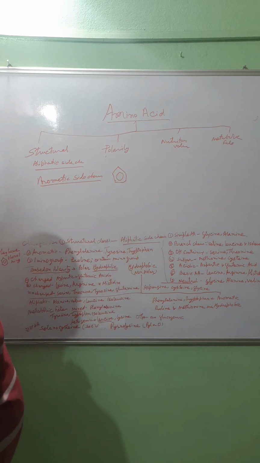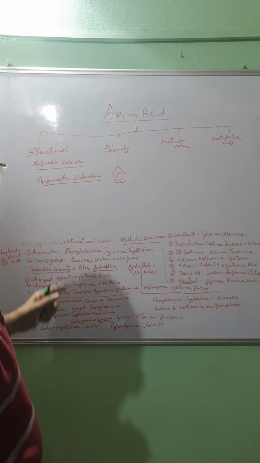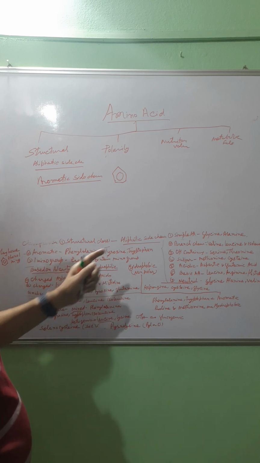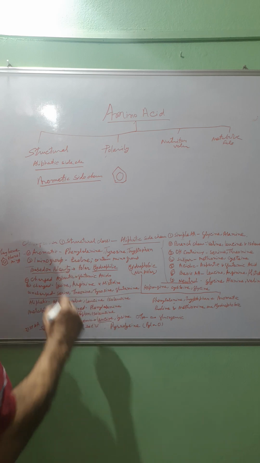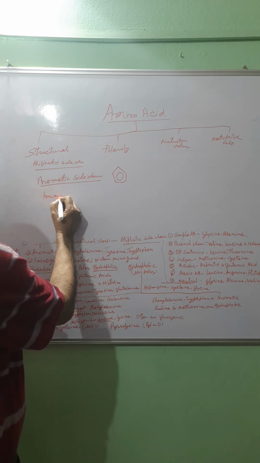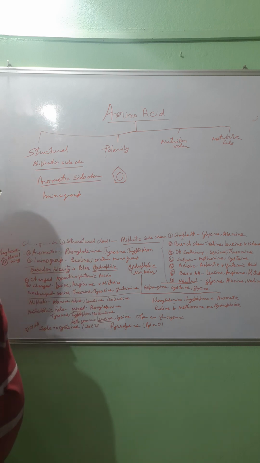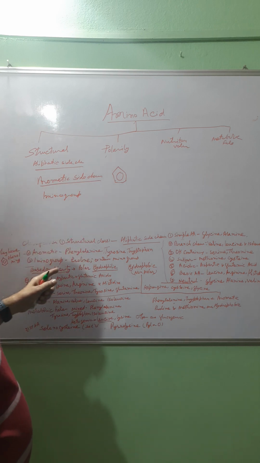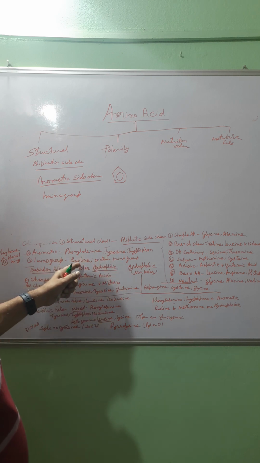These examples are phenylalanine, tyrosine, and tryptophan. Then imino group, in which there is no amino group. An example of the imino group is proline.